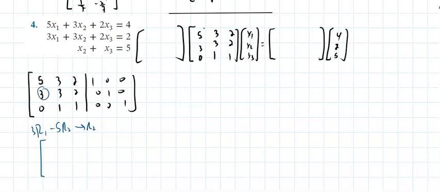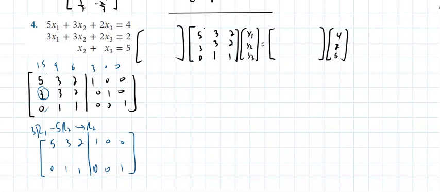So the first goal is to make that a 0, that's already a 0. There's 1. So for row 1 I'm using, but I'm not changing. If I multiply row 1 by 3, that's 15, 9, 6, 3, 0, and 0.